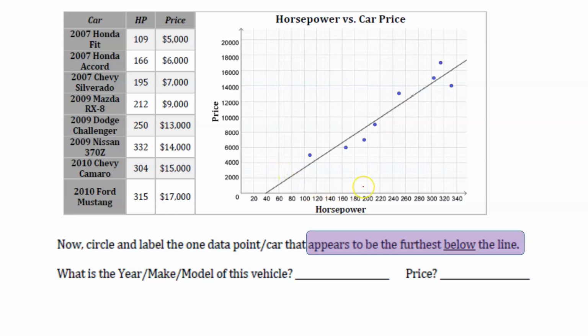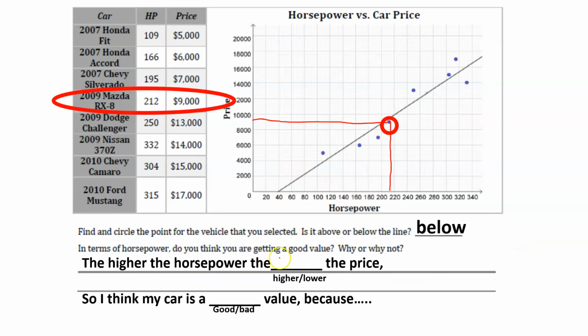Oh, my bad. Let's go back. We haven't finished that sentence. The higher the price. So I think my car is actually a good value because I'm paying a little less. And I say little because it's only a very little less than the trend price.